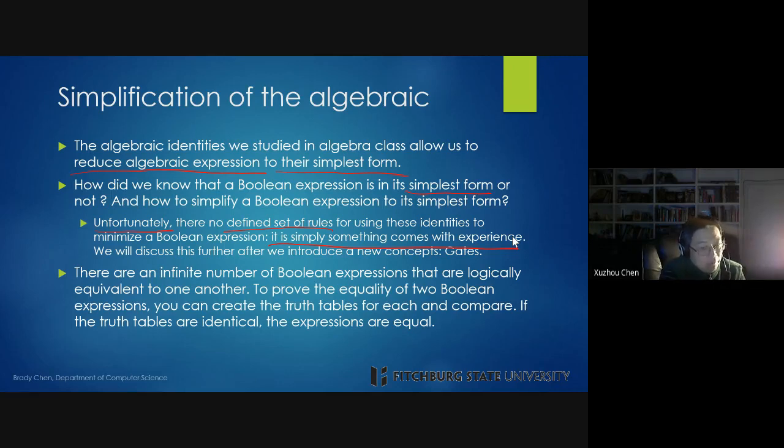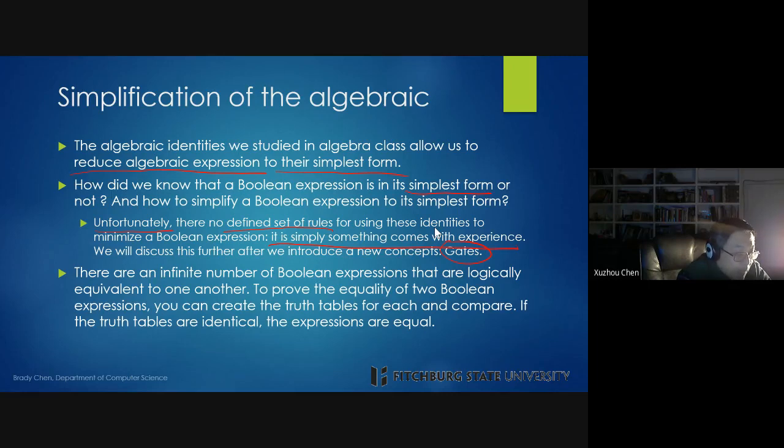Then we can actually define how we can say a form is the simplest form. So we will discuss this further after we introduce the new concept of electronic gates, which is used in digital electronics.